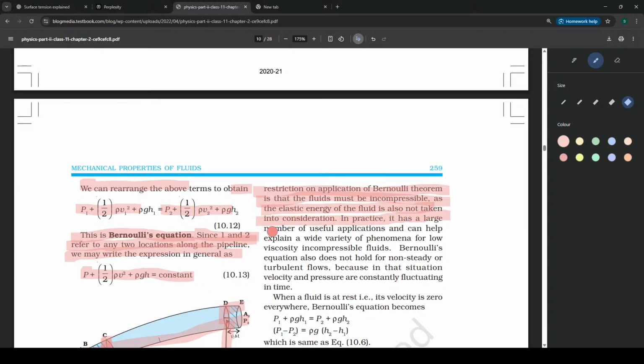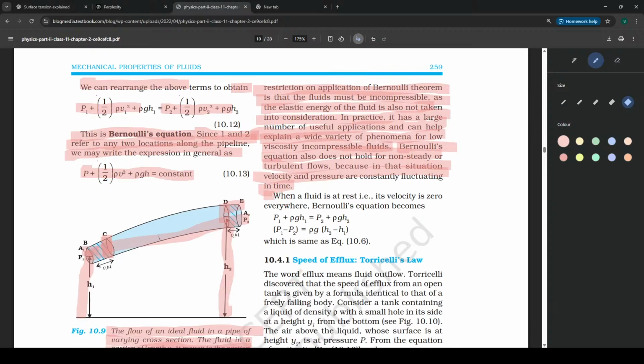In practice, it has a large number of useful applications and has explained a wide variety of phenomena for low viscosity incompressible fluids. Bernoulli's equation also does not hold for non-steady or turbulent flows, because in that situation velocity and pressure are constantly fluctuating in time. When a fluid is at rest, its velocity is zero.